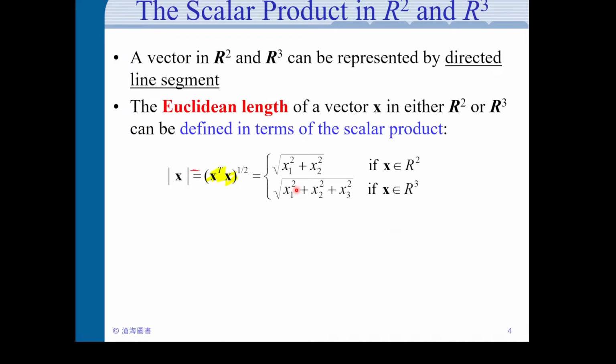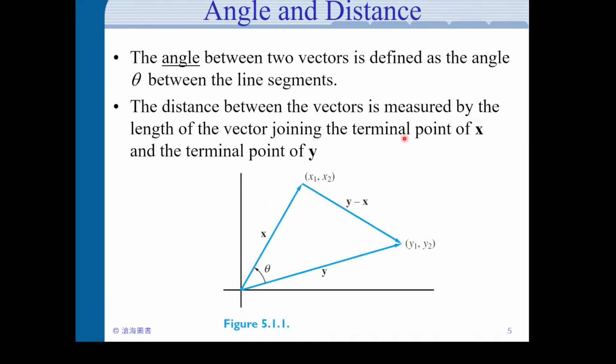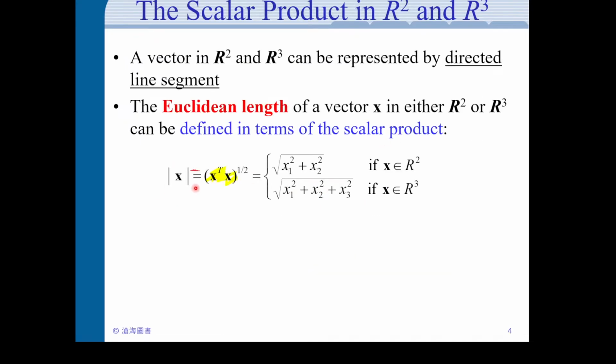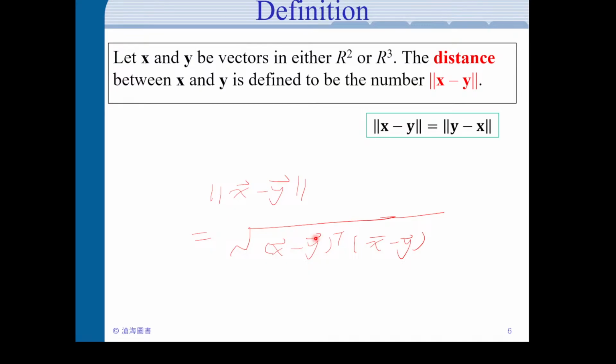And you can also do an algebraic derivation. It is very easy to see that x minus y and y minus x have the same length, or that the length of x equals the length of minus x. And here we use the fact that the length of x equals the length of minus x.